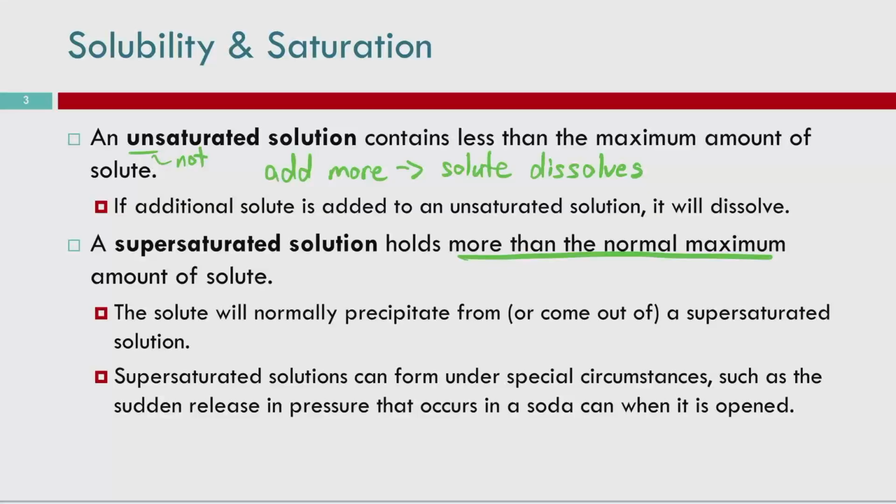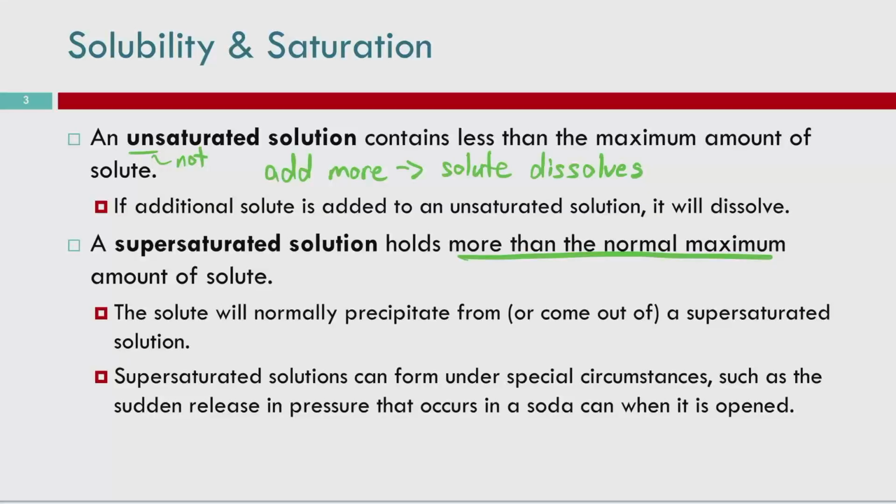Supersaturated solutions tend to be unstable. They will not just sit there and stay supersaturated. It will usually precipitate from a supersaturated solution, or precipitate out of, often called crashing out. We've all been there. So it'll precipitate out of the supersaturated solution.